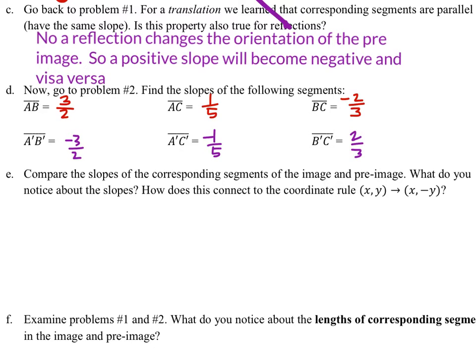So this just confirms all 6 of these show that their corresponding segments in the triangles are actually opposites right there.